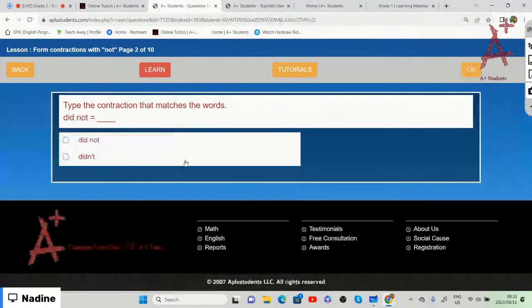Did not. Is it the first option, which is did not, or the second option, which is didn't? Seeing that we need to shorten it, we can say didn't.